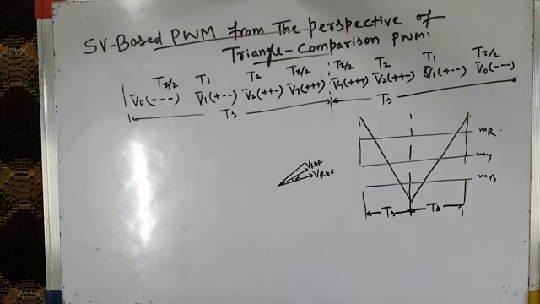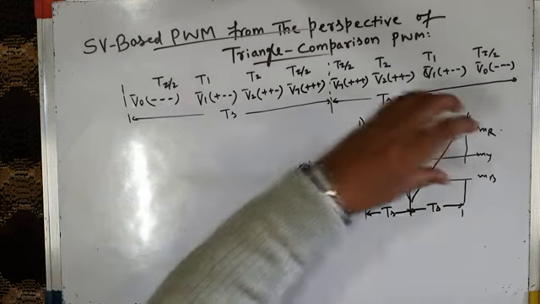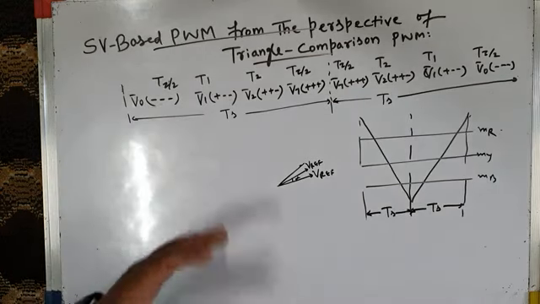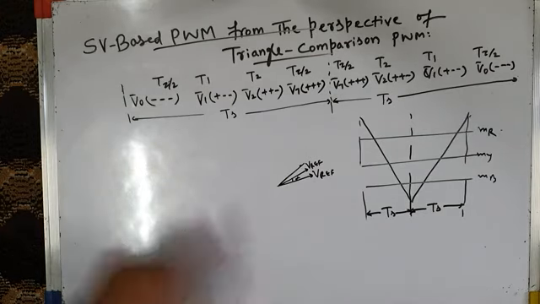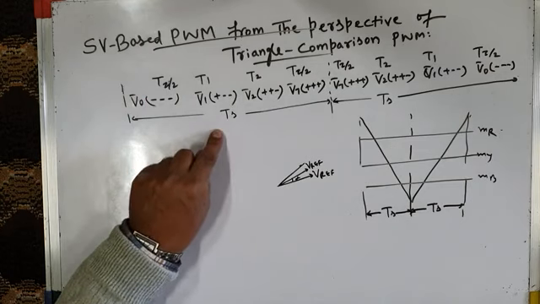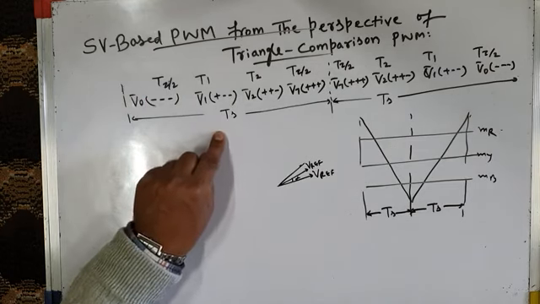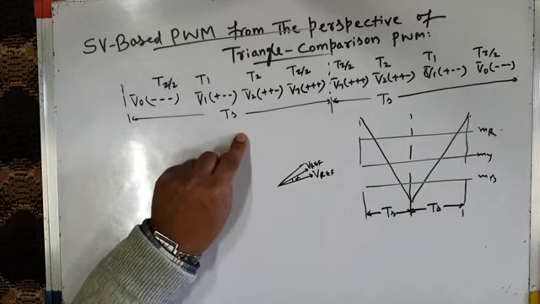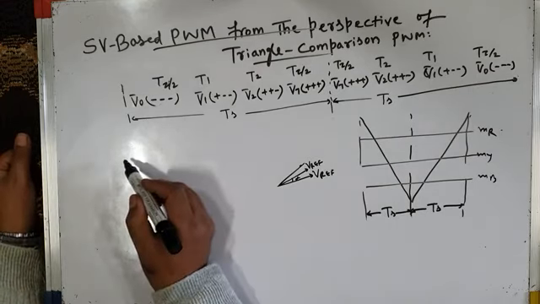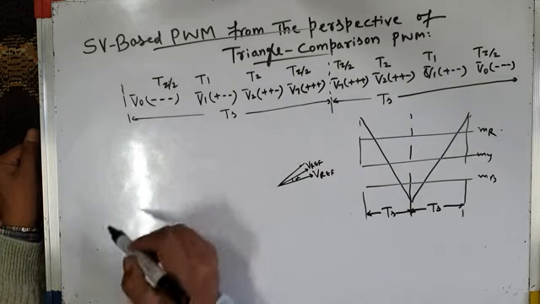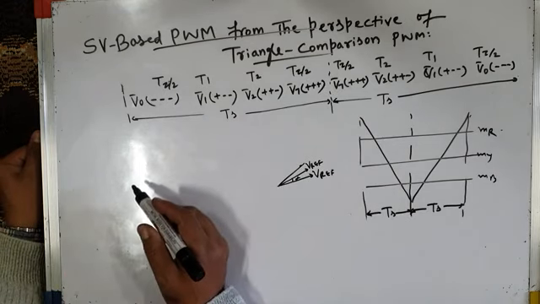Then what is the difference between sine triangle comparison based PWM and space vector based PWM? Say in sector 1, the same switching sequence is generated by both of them. The difference is that the null vector times tz by 2 and tz by 2 are not equal in sine triangle comparison.